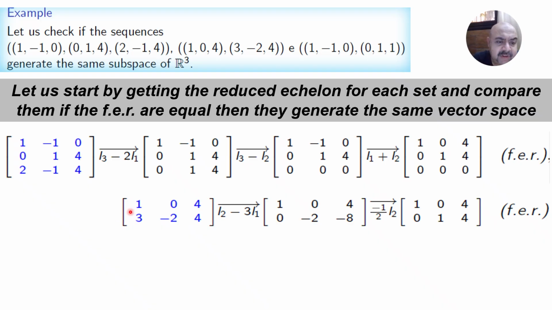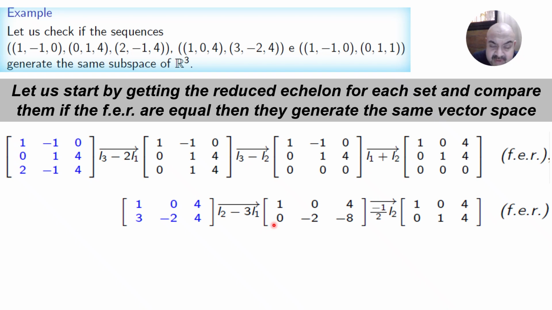I will multiply the first row by negative 3, I'm sorry, and then add it to the second row. So negative 3 plus 3, the result is 0. Negative 3 times 0, which is 0, plus negative 2, is going to be negative 2. Negative 3 times 4 is going to be negative 12, plus 4, which comes to negative 8.